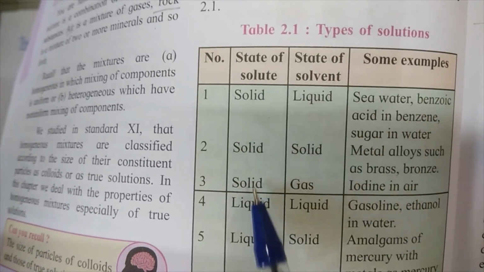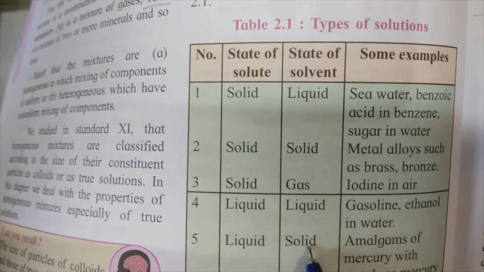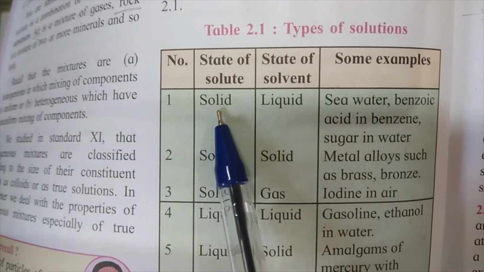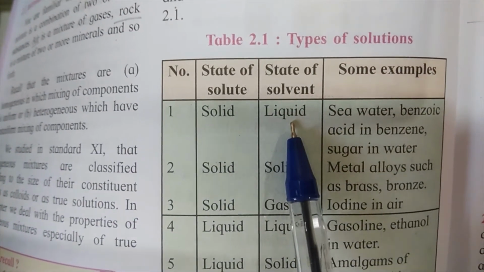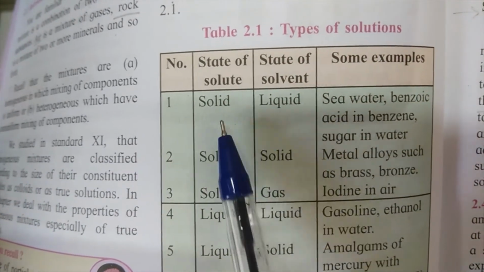Now this is the column for the physical state of solute and this is the column for the physical state of solvent. When solid is a solute and solvent is a liquid, you can just call it solid in liquid, solid in liquid.